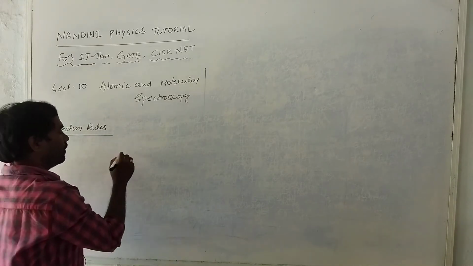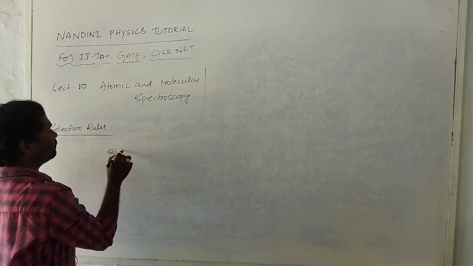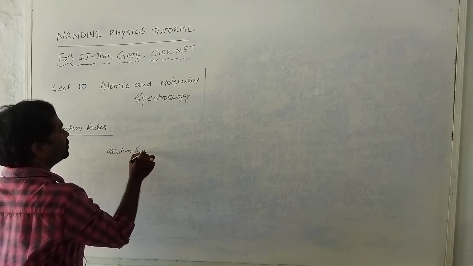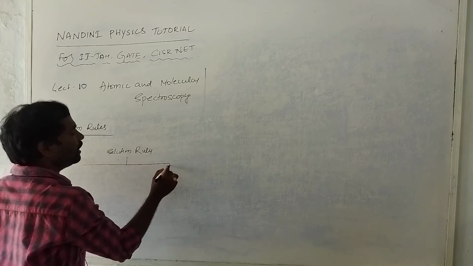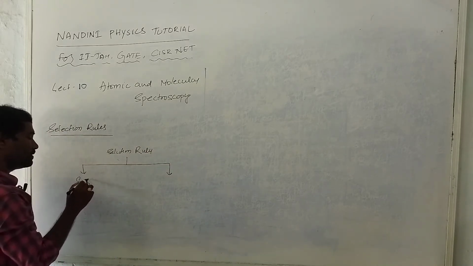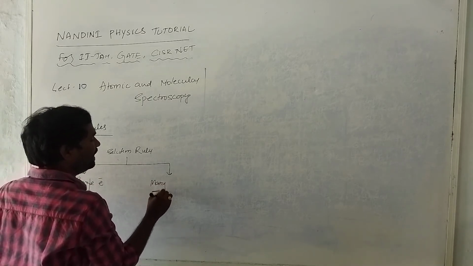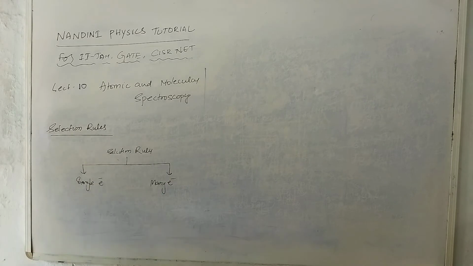Selection rules are there for single electron and many electrons. So I will consider selection rules for single electron and many electron.